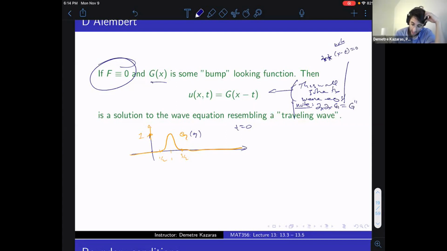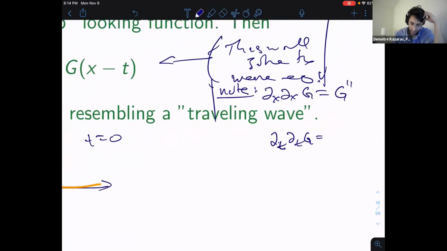And on the other hand, partial t of g, let's do that more carefully. Because remember, we're plugging in x minus t into g. So we take one time derivative, that's partial t of g of x minus t, but you have to take the derivative of the inside function with respect to t, which is -1.